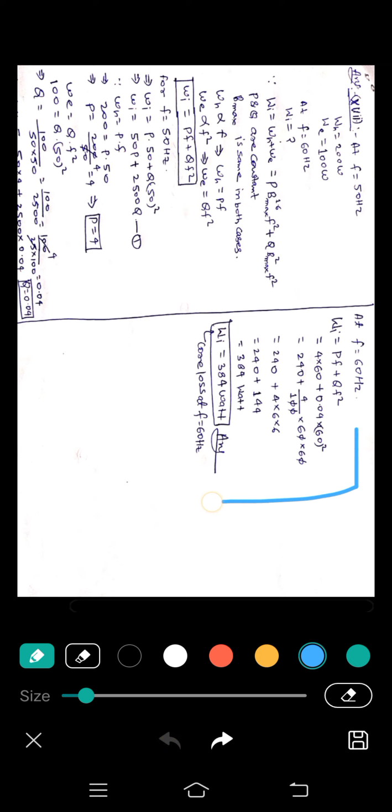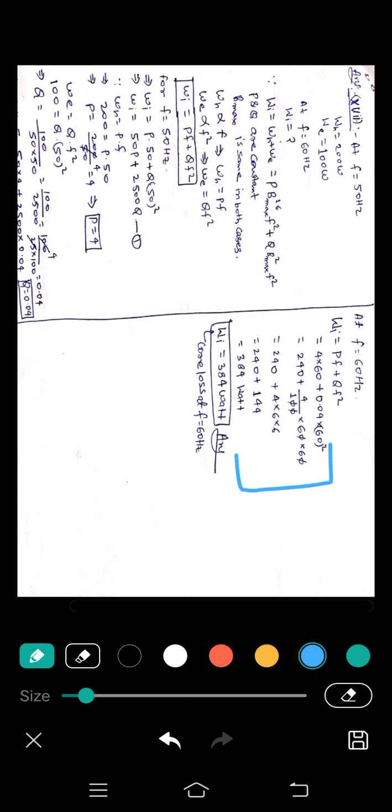Here the condition is that the frequency is equal to 60 Hz. The general formula is Wi is equal to Pf plus Qf square. Here you put P and Q at frequency 60 Hz. So Wi is equal to 4 into 60, where 4 is P and 60 is the frequency, plus 0.04 into 60 square, where 0.04 is Q. You solve these steps and find the total iron loss, which is 384 watt.